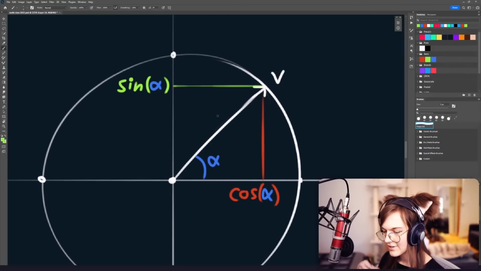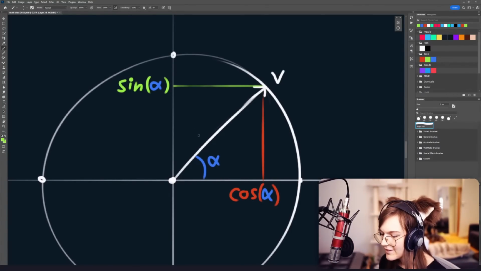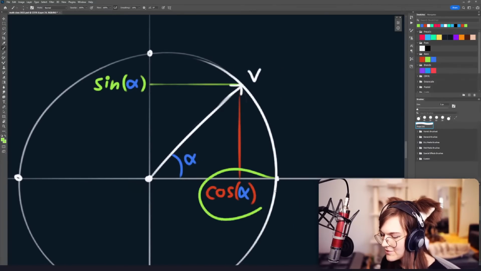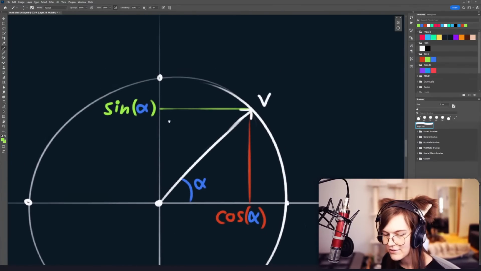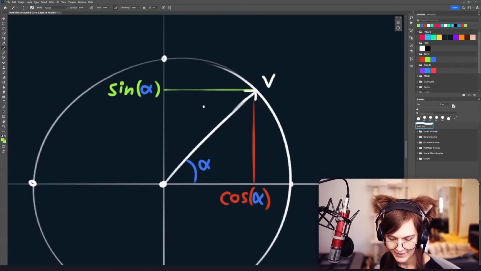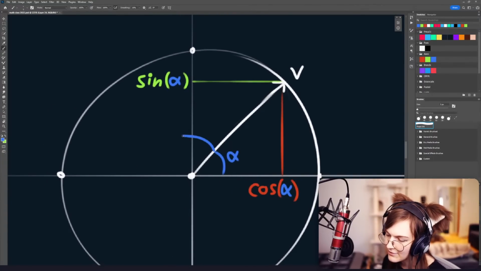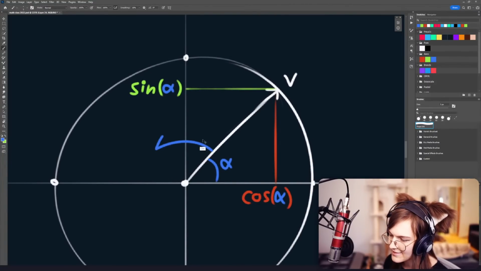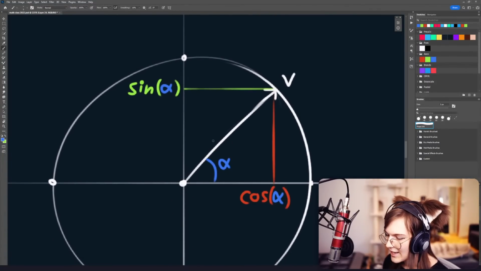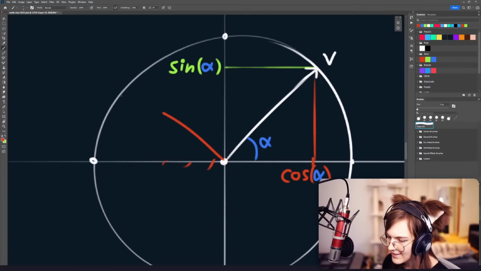And so that's what the cosine and the sine is. Given an angle, the cosine gives you the x component of this vector, and the sine gives you the y component of that vector. What happens if you increase this angle? You can just keep increasing this. As you traverse this circle, the cosine is going to decrease as the vector starts going all the way over here.